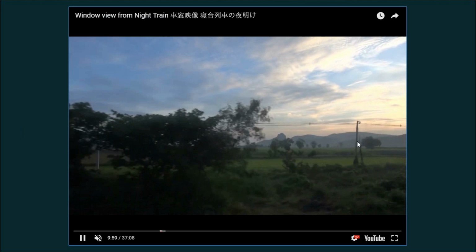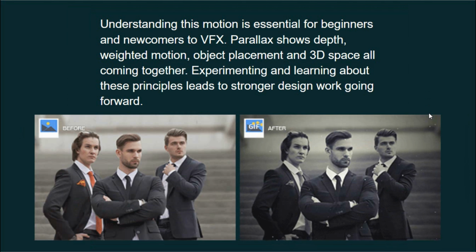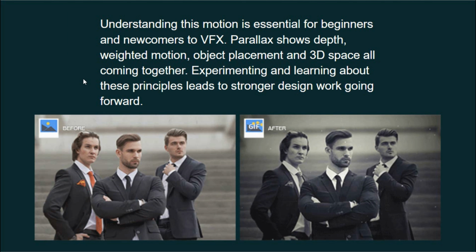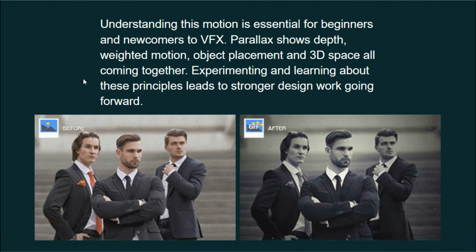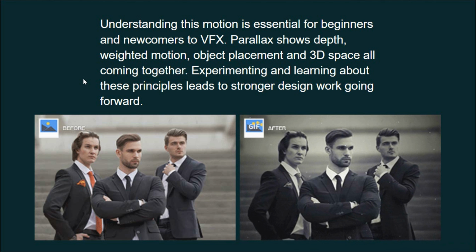That's how the parallax effect is achieved. Understanding this motion is essential for beginners and newcomers to VFX. Parallax shows depth, weight and motion, object placements, and 3D space all coming together. Experimenting and learning about these principles leads to strong design work going forward.